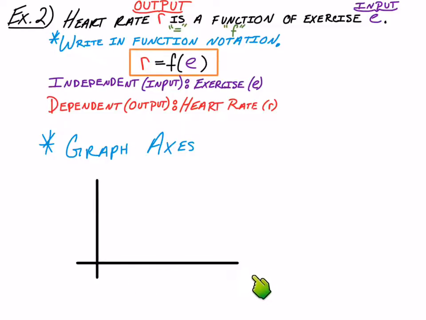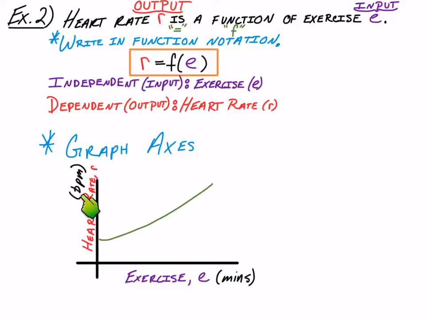So in this case, that would be exercise, E. And if we give that some units, let's say that's minutes that you exercise. And the dependent variable, heart rate, is going to depend on how much exercise you've done. So heart rate goes on the y-axis here, the vertical axis, and let's measure it in beats per minute.